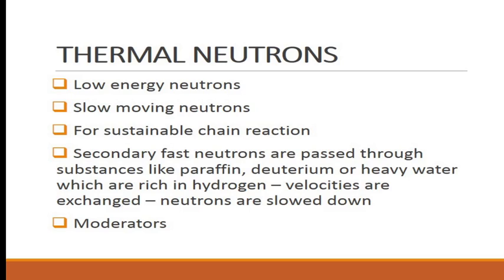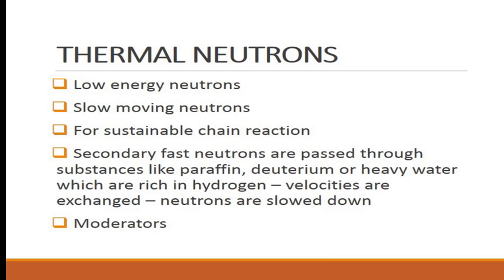So the secondary fast neutrons have to be slowed down by passing through several substances which are known as moderators. So the secondary fast neutrons produced in a nuclear fission must be passed through substances like paraffin, deuterium or heavy water, which are rich in hydrogen.